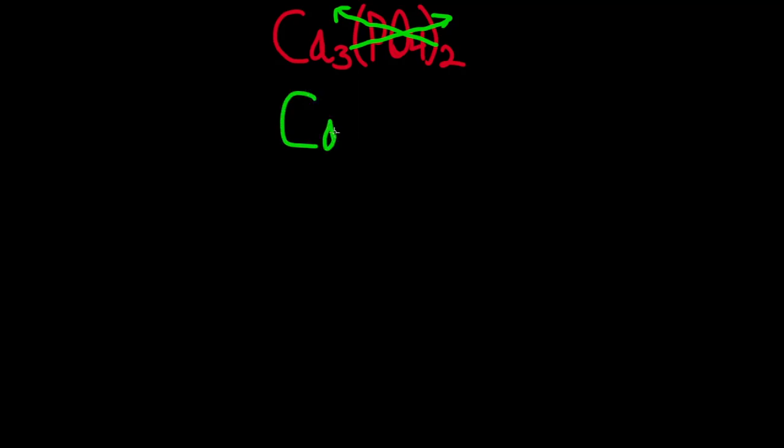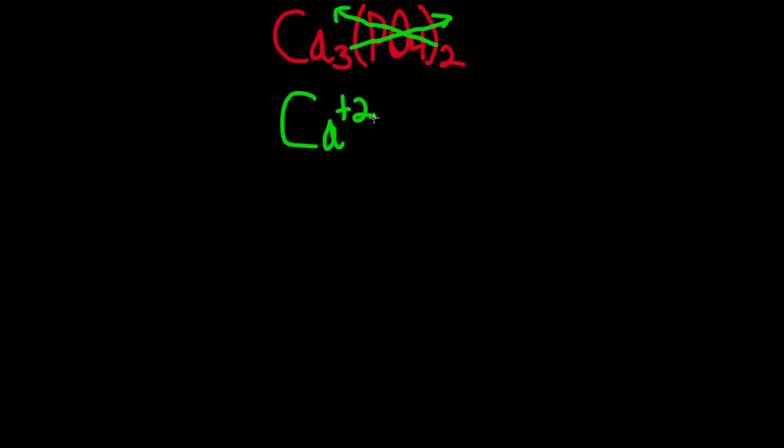Alright, we're going to have Ca3(PO4)2. And again, we are going to reverse engineer this thing. So I'm going to bring my 3 up to the top, I'm going to bring my 2 up to the top on opposite sides, and I end up with calcium with a +2 charge.